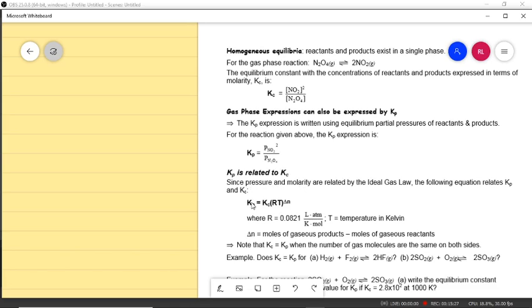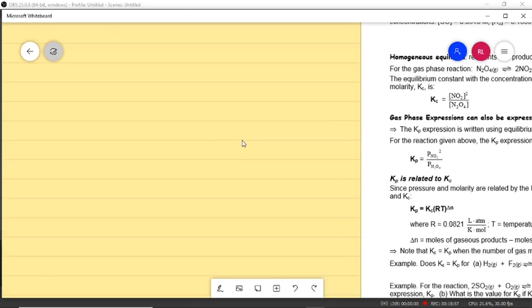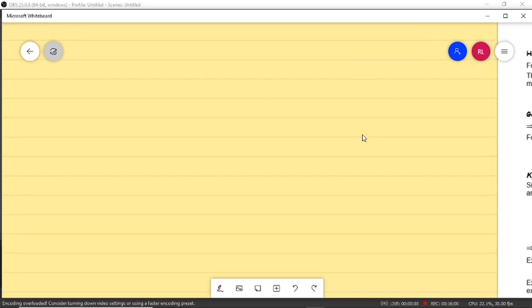You have here, K sub P is equal to K sub C times quantity R times T raised to the power of delta N, where delta N is the number of moles of gaseous products minus the moles of gaseous reactants. Question is, how is it derived? Let's transfer here.